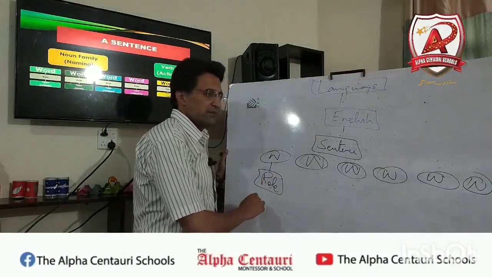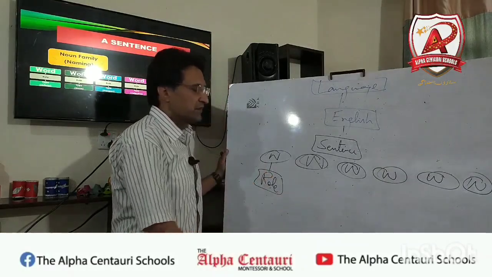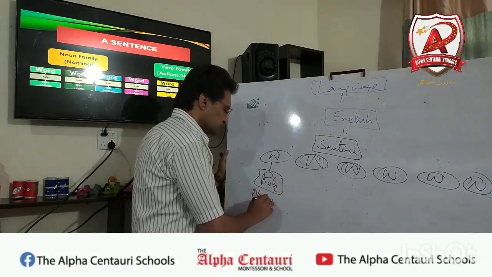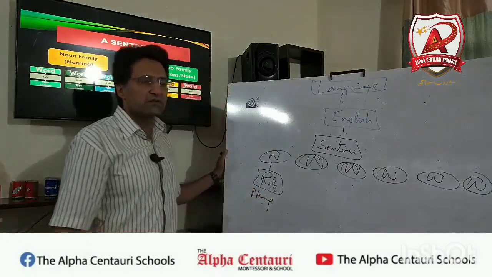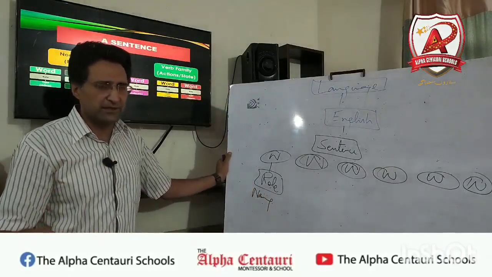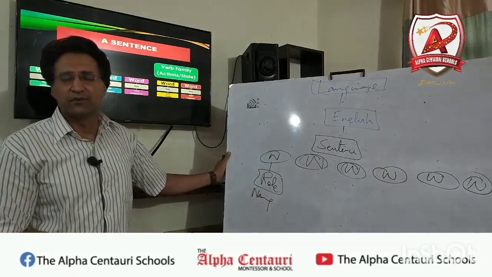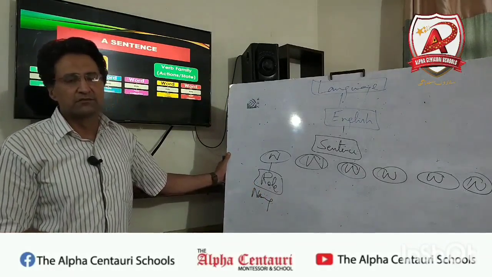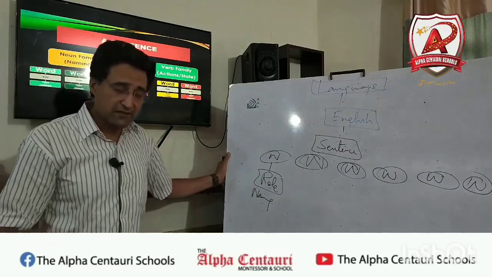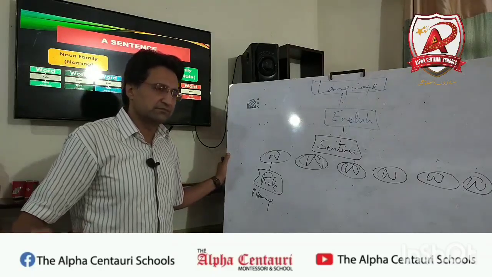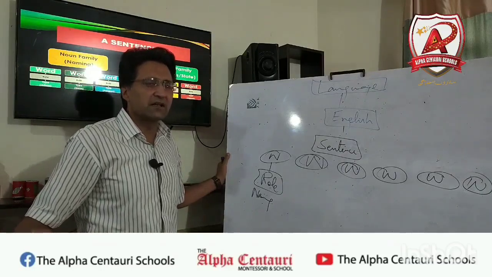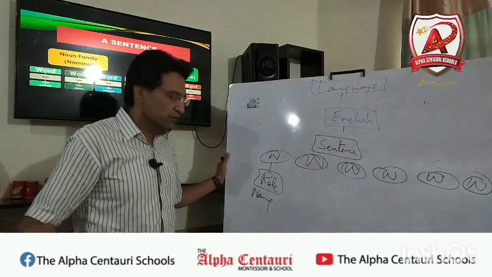For example, ji, certain word is there and the role of that word is naming. You are using that word to name some object, some entity, some state, even some abstract idea. And you call it what?